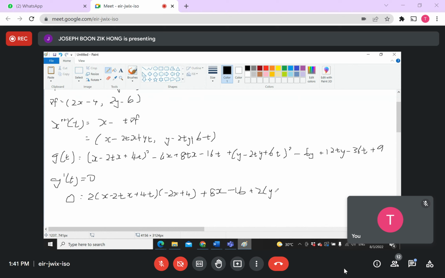Then 2 times (y minus 2ty plus 6t) times the derivative with respect to t, which is negative 2y plus 6. And this one plus 12y minus 36.